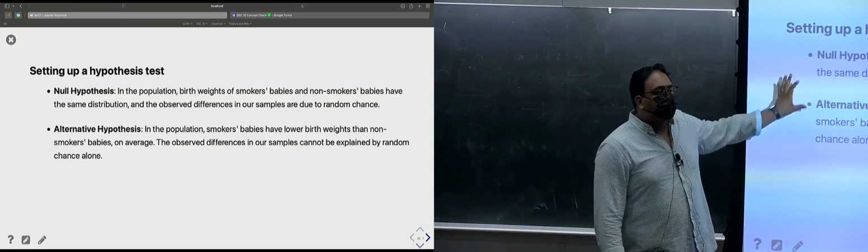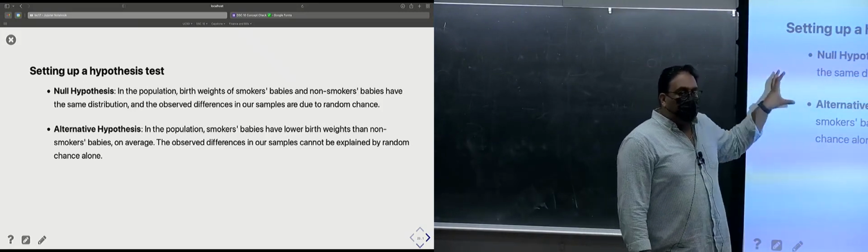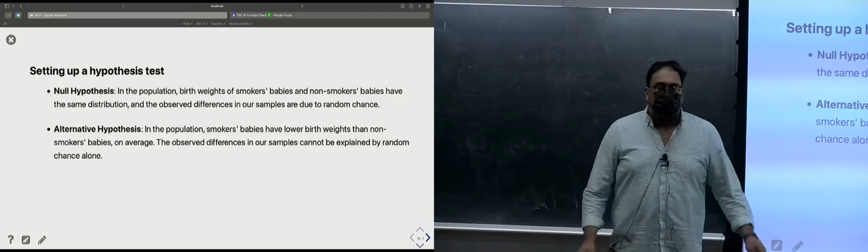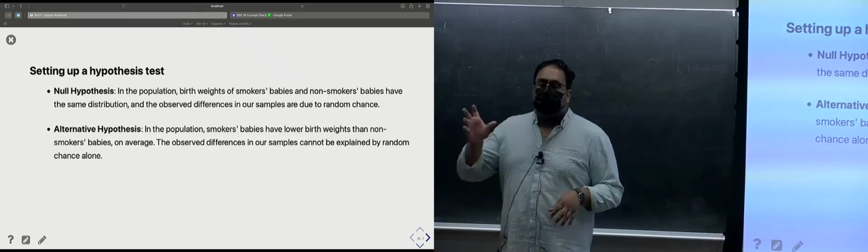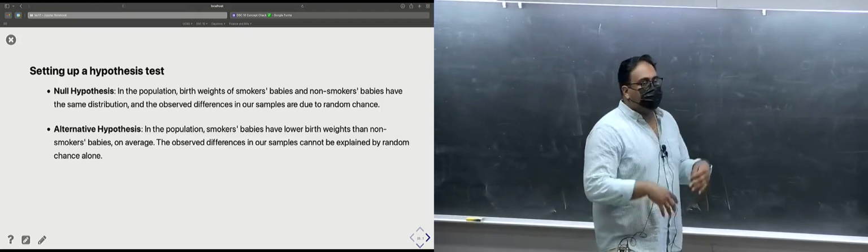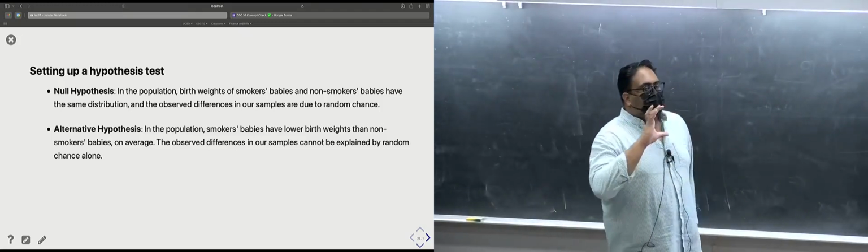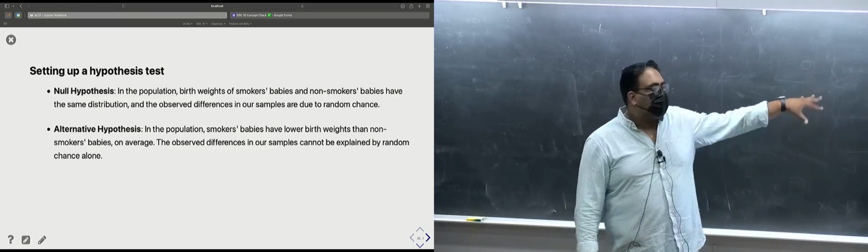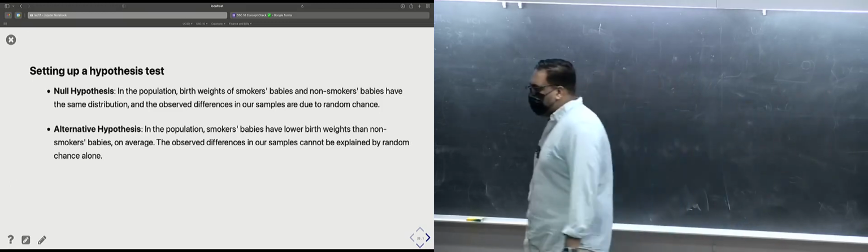Okay, so do we agree with these two hypotheses? Null hypothesis, they come from the same distribution. Alternative hypothesis, no, they don't come from the same distribution because the smoking babies are actually lighter. Or alternatively, the non-smoking babies are actually heavier on average. So do we agree with these two hypotheses? Okay.